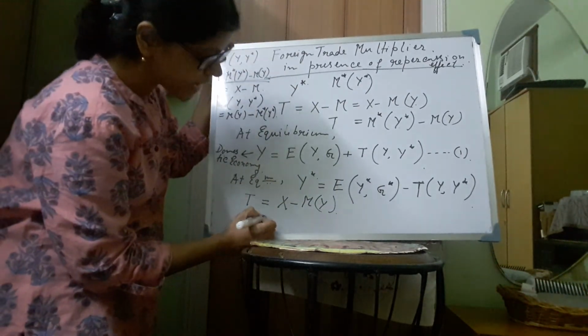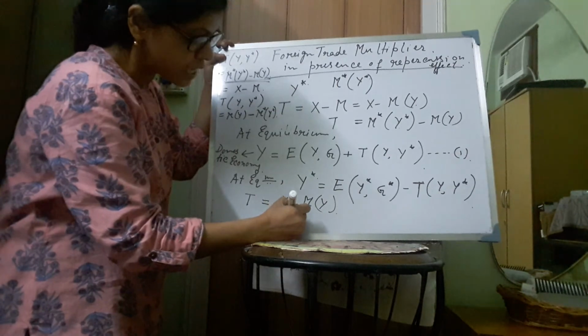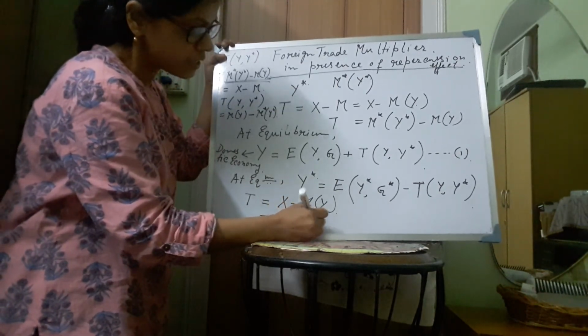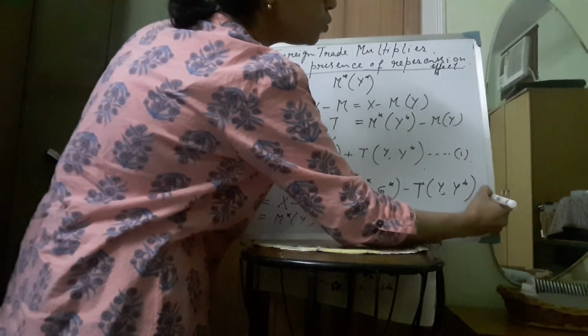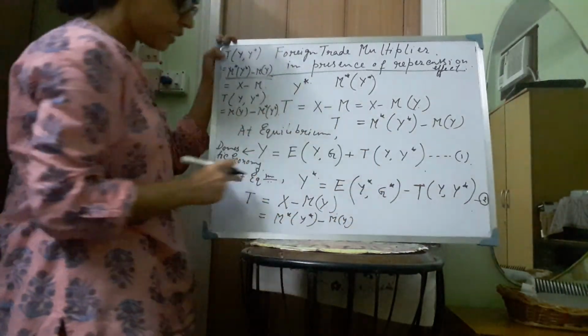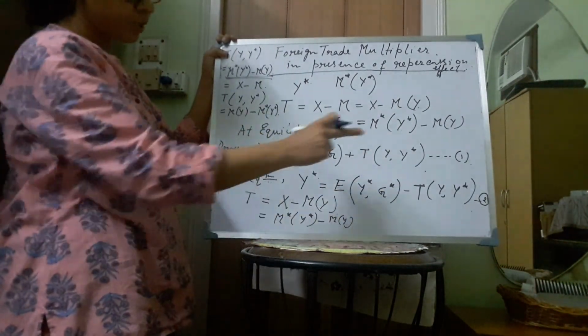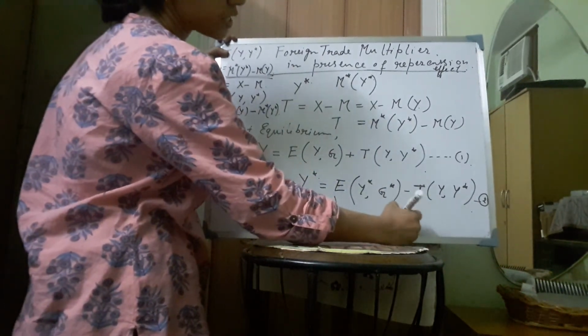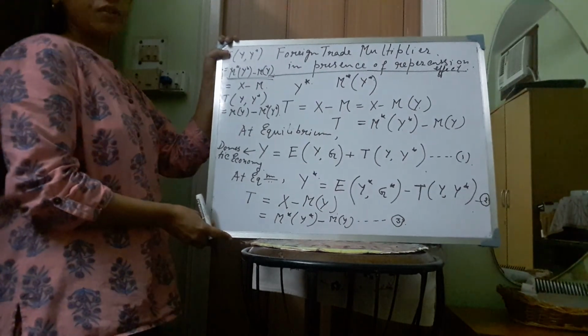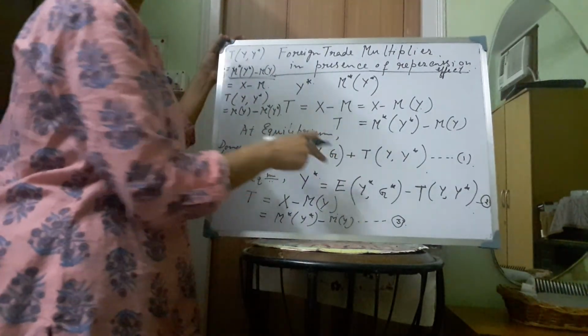So therefore this X can be replaced by M star Y star minus MY. So this is equation 3. The equilibrium condition in the foreign country is equation 2, and then the trade balance in the domestic economy is equation 3. So we will be working with these three equations.